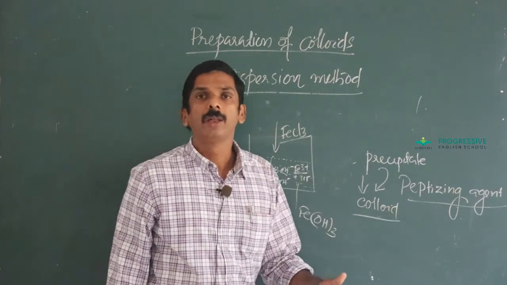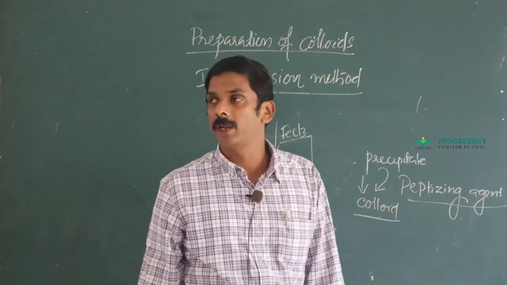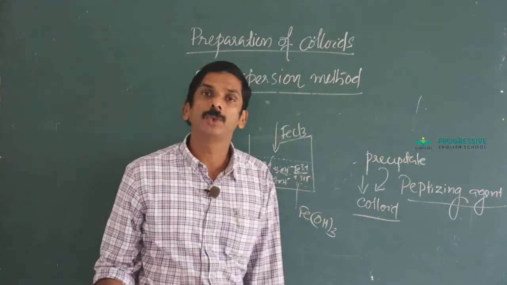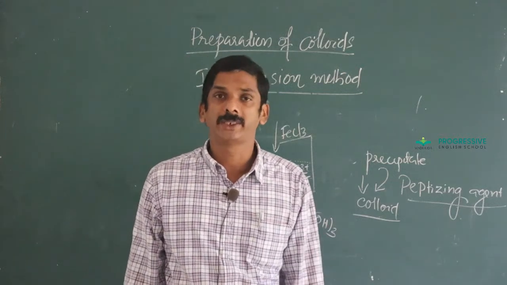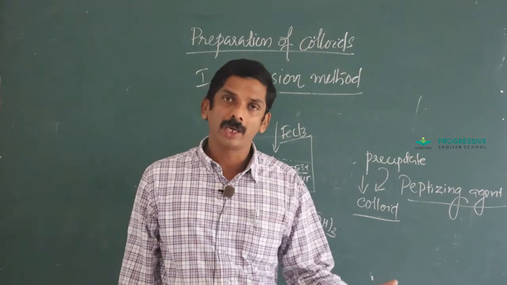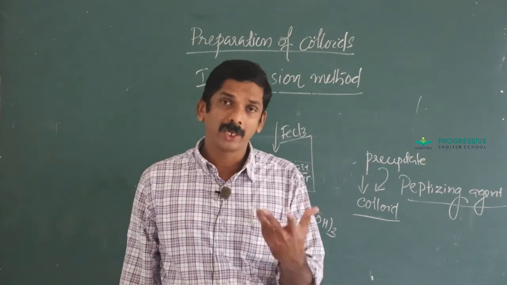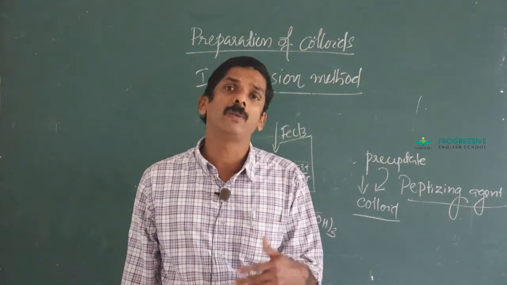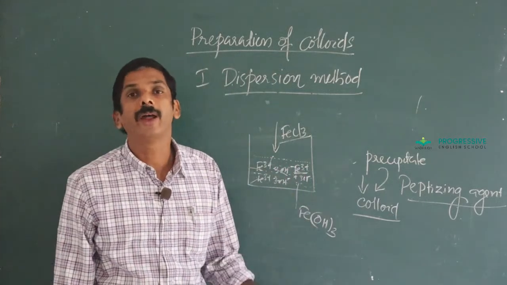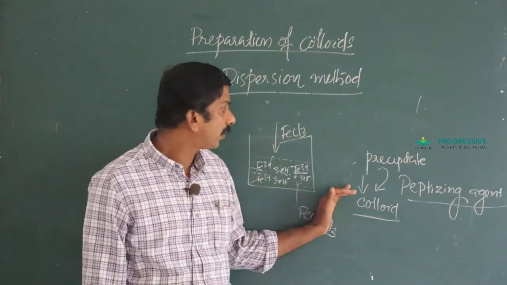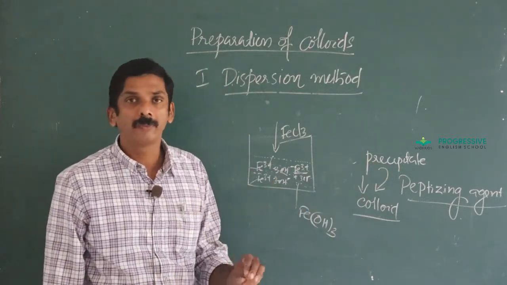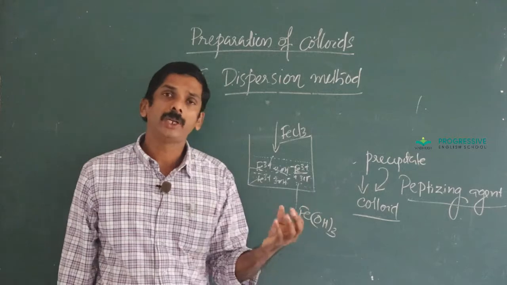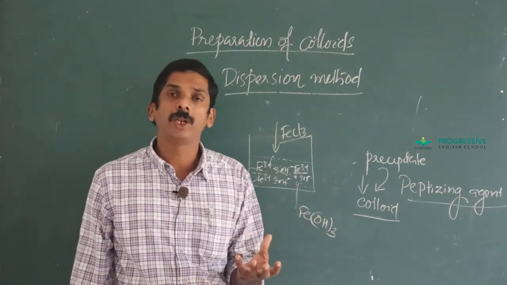Generally, the conversion of suspended particles or a precipitate into colloid is called peptization. There are certain reagents with the help of which we can convert that precipitate into colloid, and the reagent used for this conversion is called a peptizing agent. Here, initially we take ferric hydroxide precipitate in a beaker.